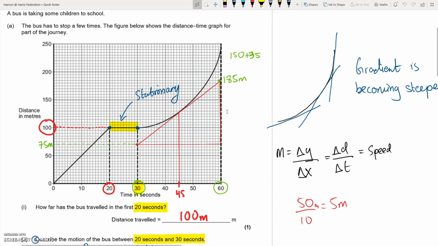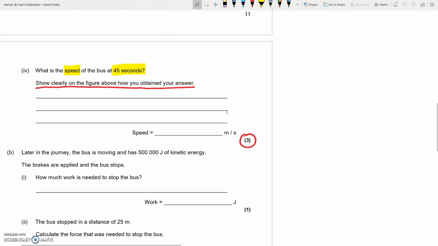So I'll come back because I've got my information now. I'll go to my working out. So I can see that to calculate my gradient, which is speed, well, the change in distance was 185 meters minus 75 meters, and my change in time was 60 seconds minus 30 seconds.